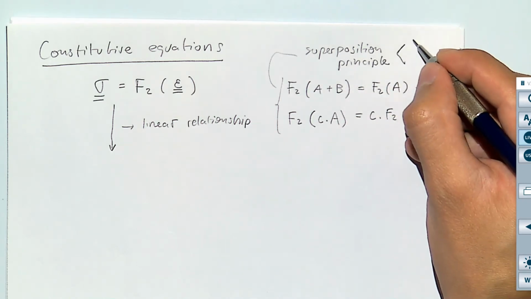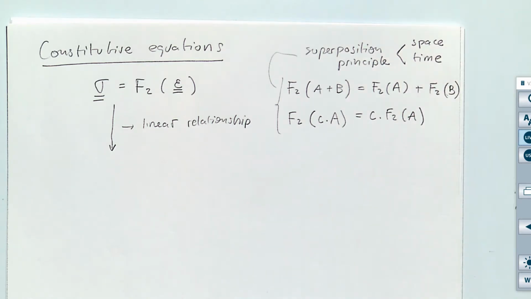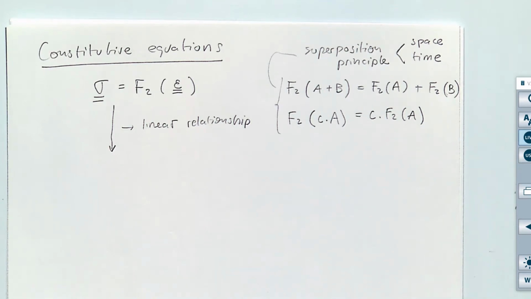Both in space and in time. And basically, we're going to use this a lot because we're probably going to have a very complex state of stress, and then we're going to divide it into several actions. For example, take a hydraulic fracture. On one side, we're going to say that there are in situ stresses, and we're going to solve that with one set of equations.